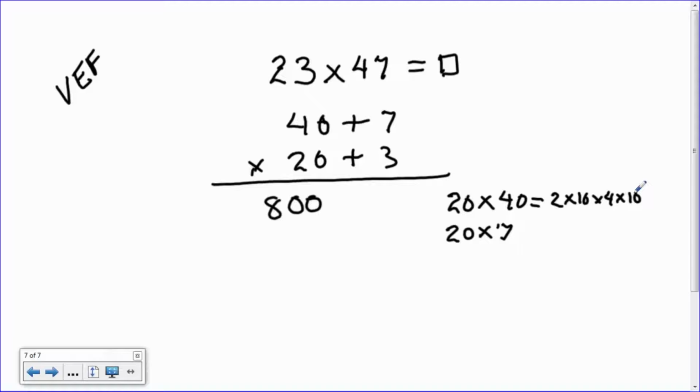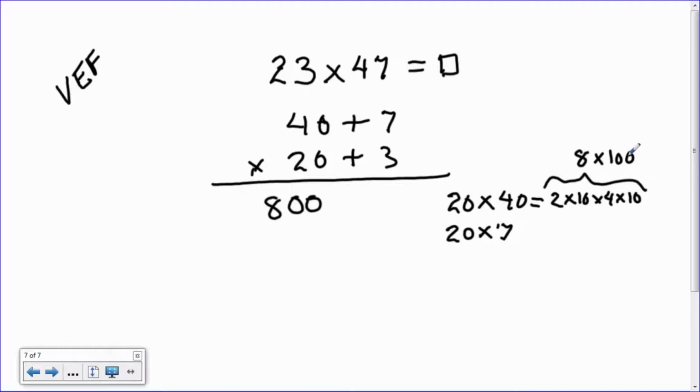I'm going to choose the two single-digit numbers 2 and 4, and so 2 times 4 is 8, and then 10 times 10 is 100. So this is really 8 times 100, because I got to put the numbers together in any way that I wanted to. And so that's how 800 came about.